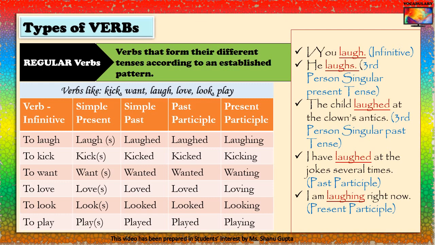Regular verbs form their simple past tense and past participle in a simple pattern by adding "ed" to the main verb. For example, take the verb "laugh." The past tense of laugh is "laughed," as exemplified in the sentence, "The child laughed at the clown's antics." The past participle form is also "laughed," as you can see in the sentence, "I have laughed at the joke several times."